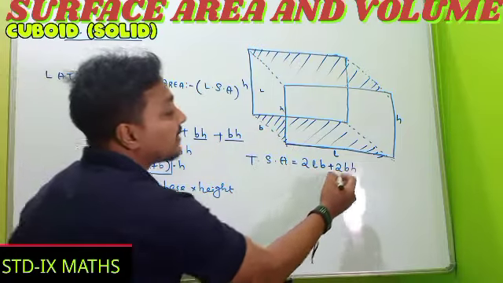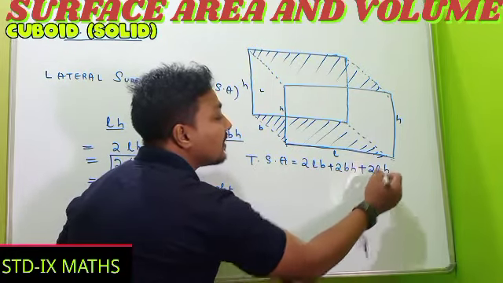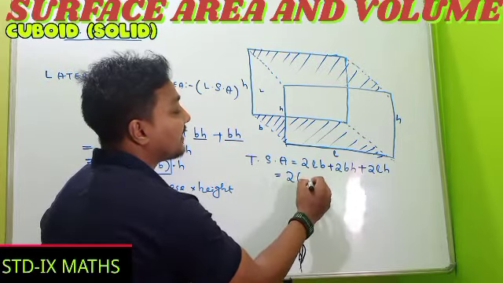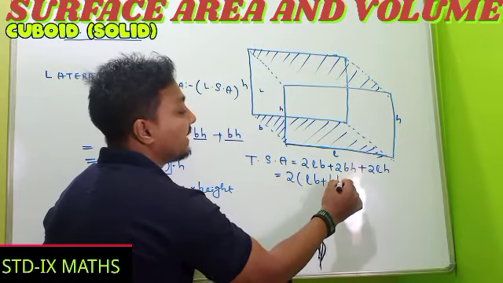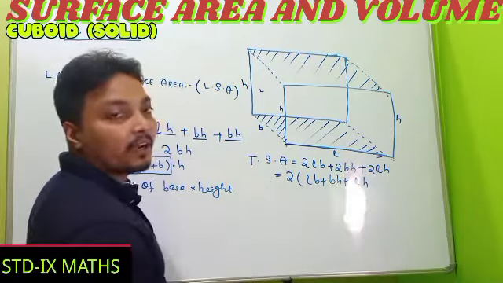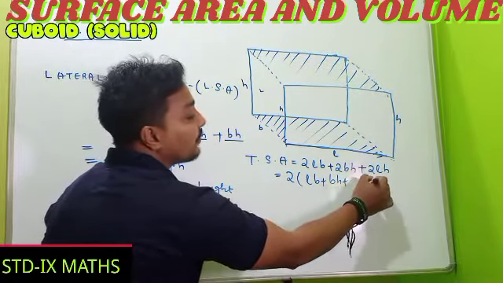So together I am writing it as 2 LH. By taking 2 as common, I can write it better as 2 whole into LB plus BH plus LH. And for your better understanding, in place of LH I am writing HL, both having the same meaning.